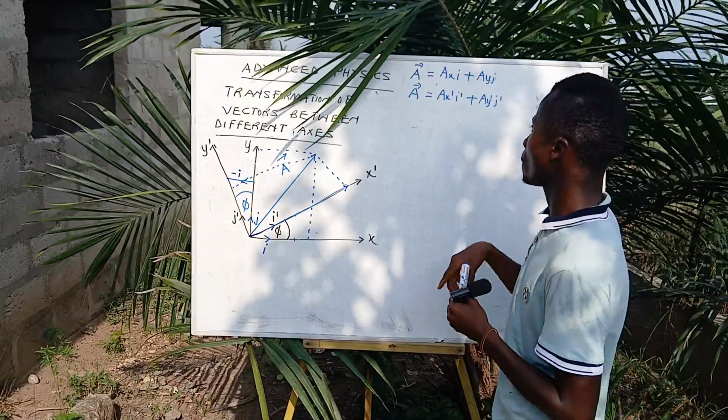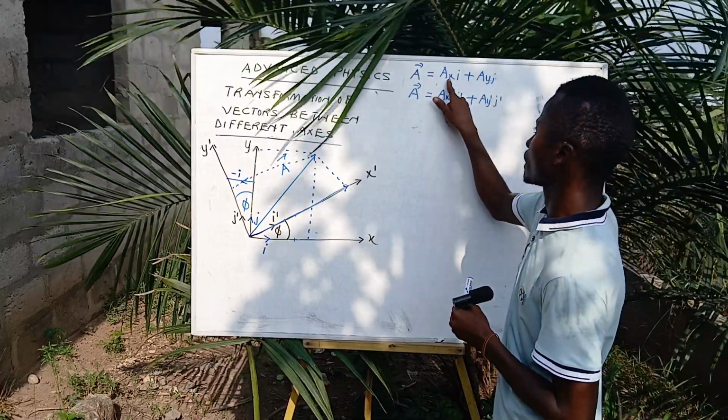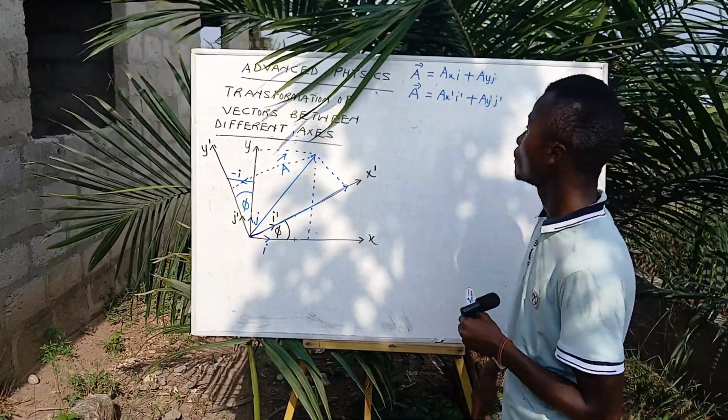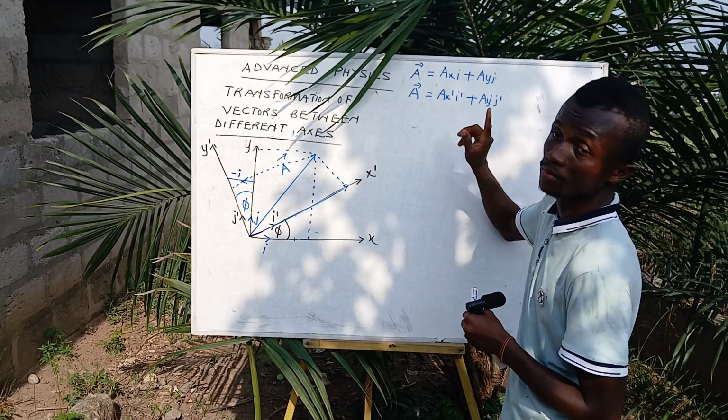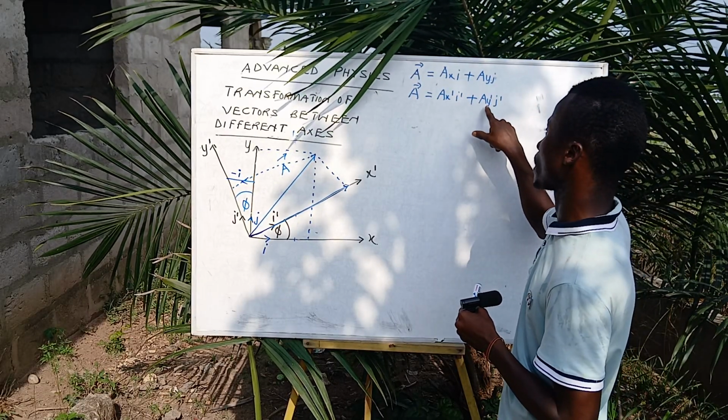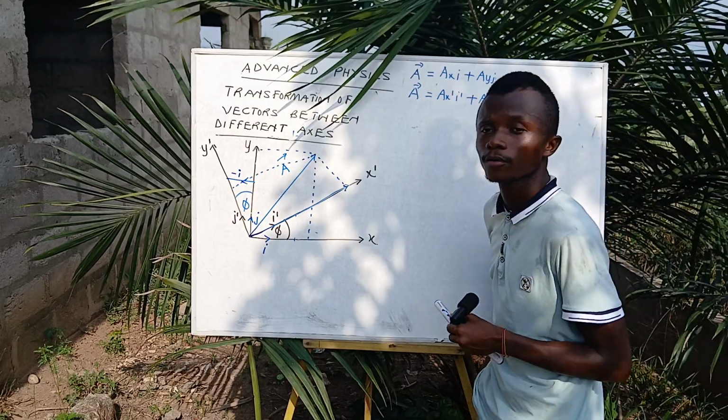But you can transform ax into ax prime, in other words, you can transform the coordinate over here into ax prime, and then you can also get ay prime from these two.